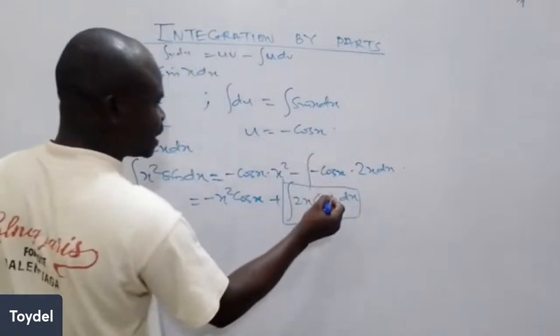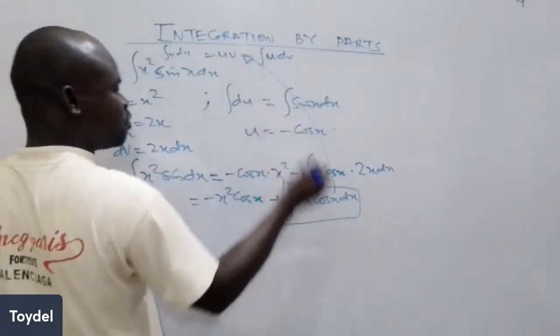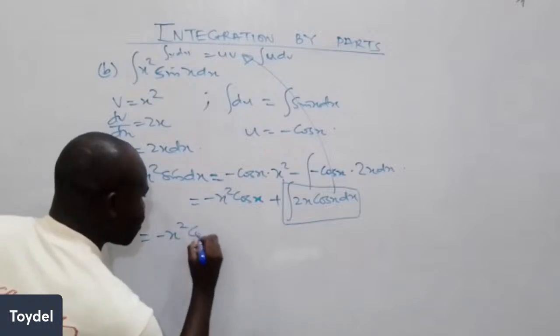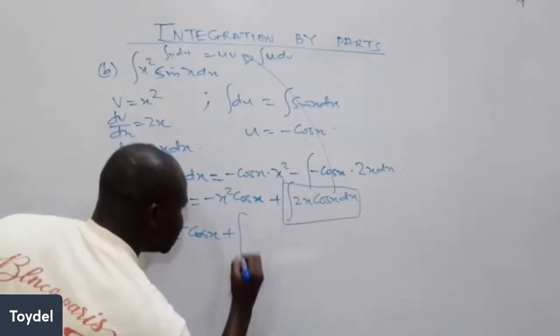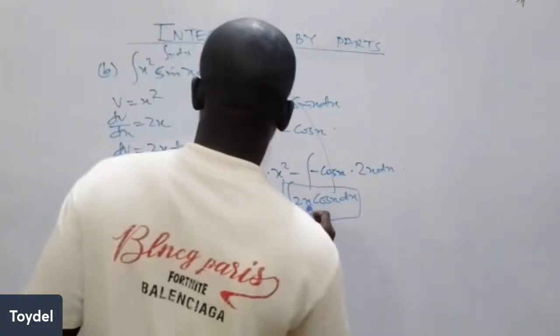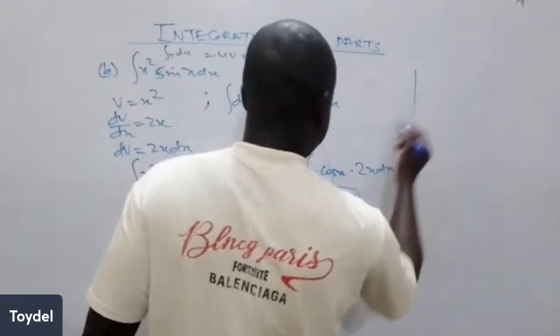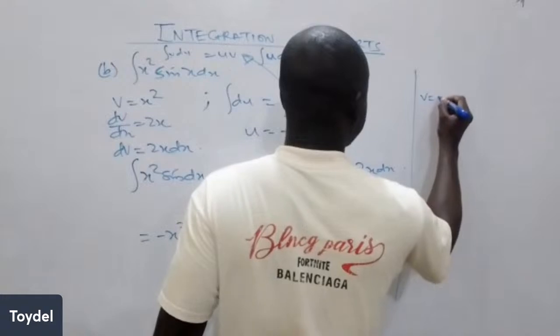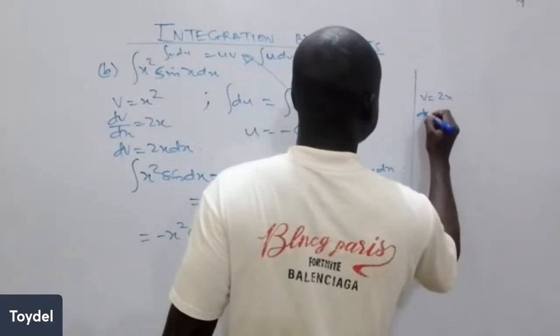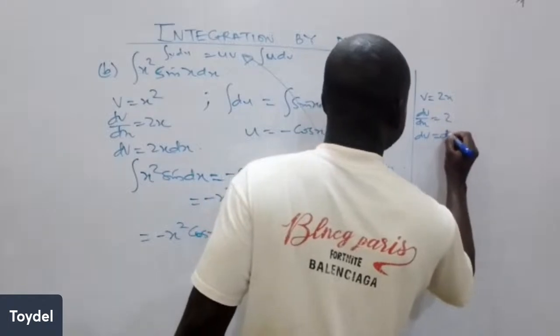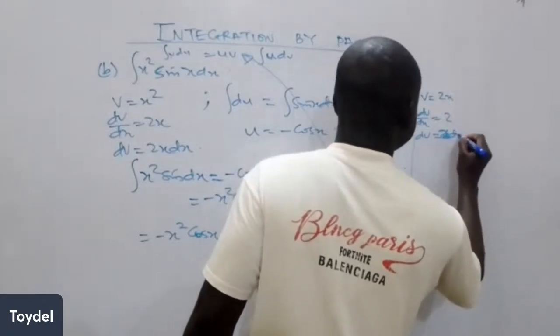So I'm going to apply this again. That is, I'm going to have minus x squared cos x plus, into bracket, let me call this first one u. Let u be equal to 2x, so that du/dx will be equal to 2. Then du is equal to 2 dx.